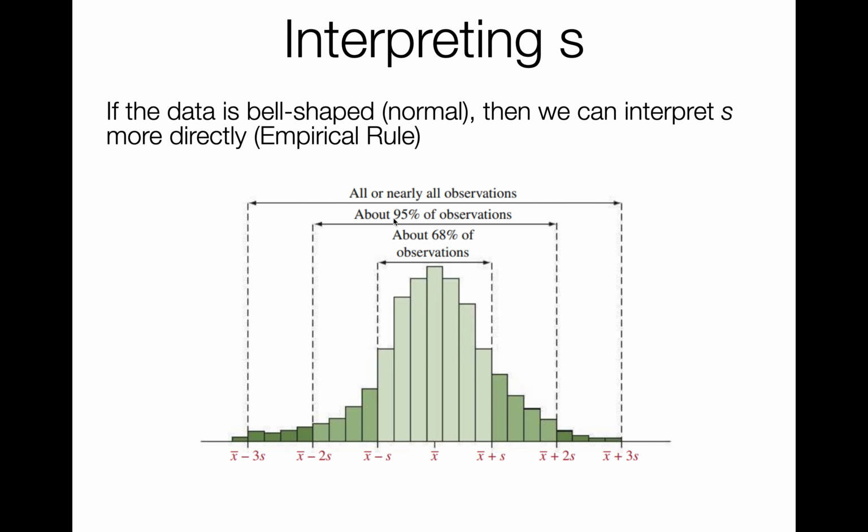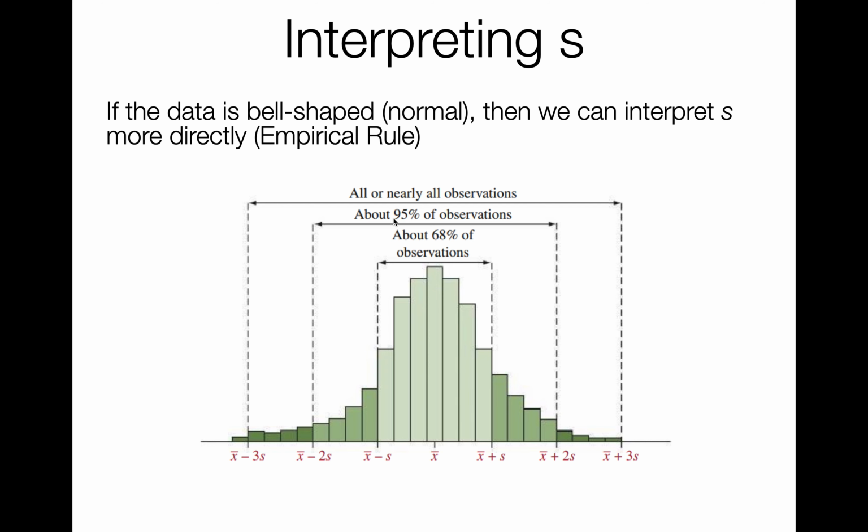Also, they say that IQ scores are bell-shaped. Then I can say that about 68% of all people have an IQ score between 84 and 116. How did I get those two numbers? I added and subtracted 16 from 100.